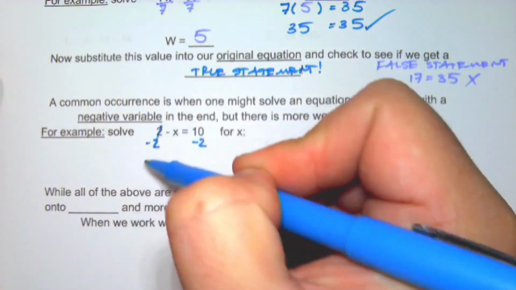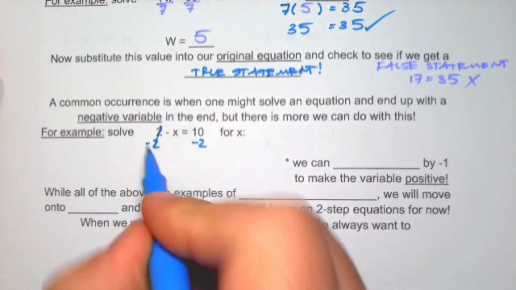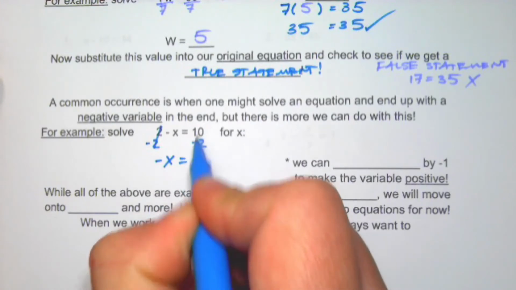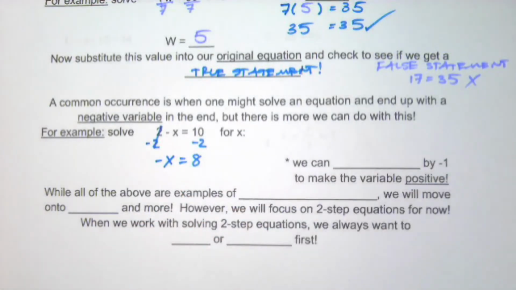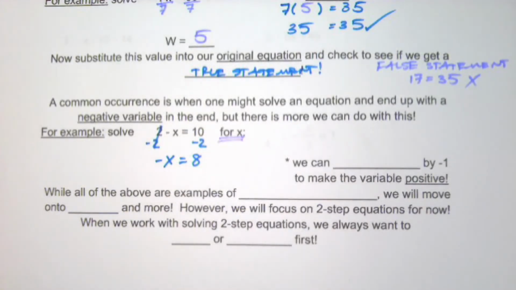My 2s cancel. Now notice there is a negative on that x still that comes with it, and that's going to be equal to 8 on this side. So now it comes down to, well, what do we do? We're not solving for negative x, it asks us to solve for positive x.